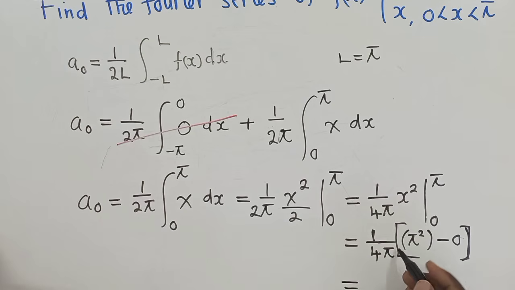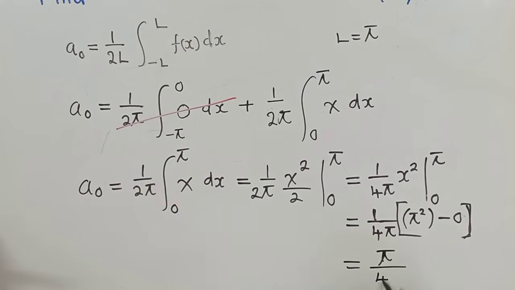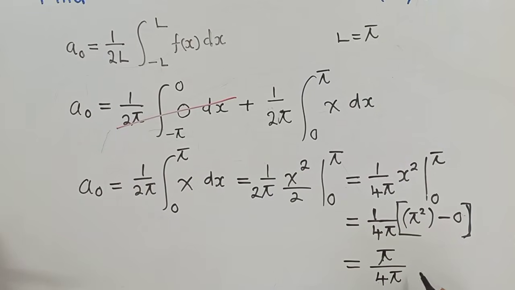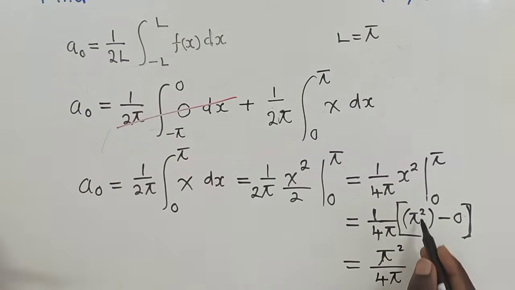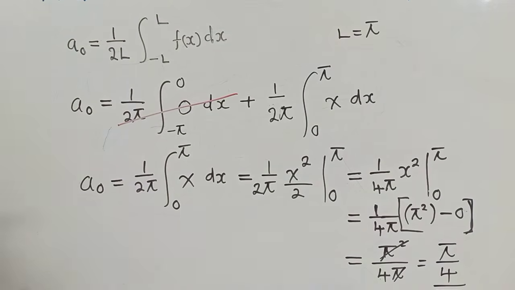We are getting a pi over 4 pi. This is pi squared actually, this pi. So when we work out this and this, we have a pi on top over 4. So this is the solution. So our A sub 0 is equal to pi over 4.